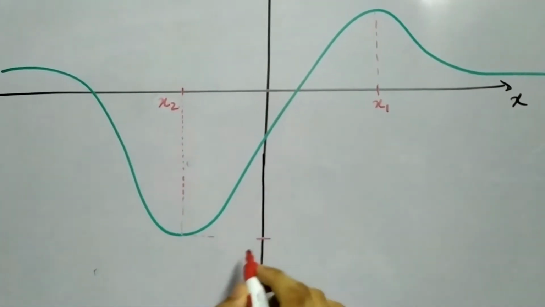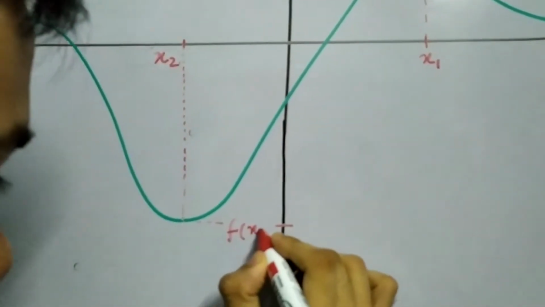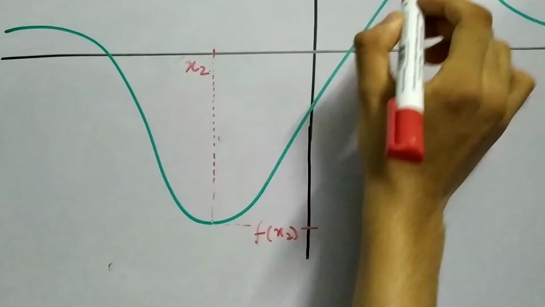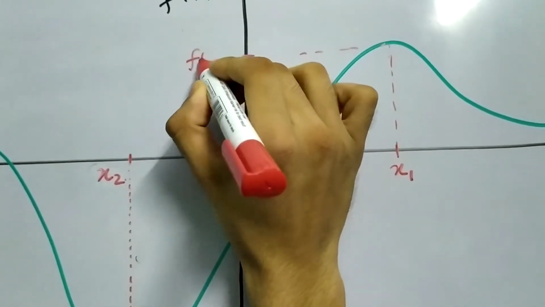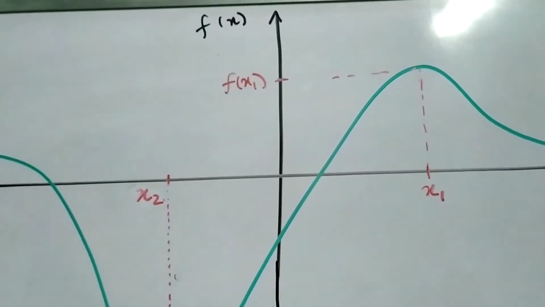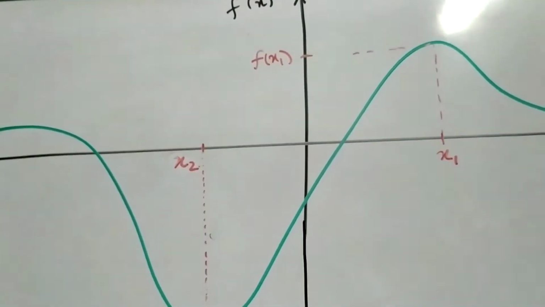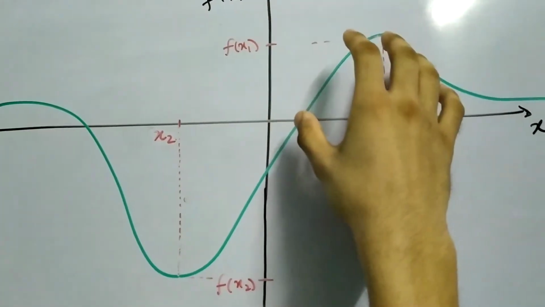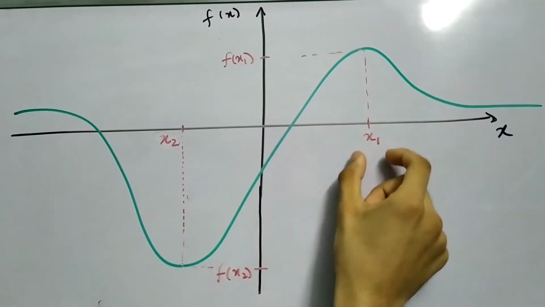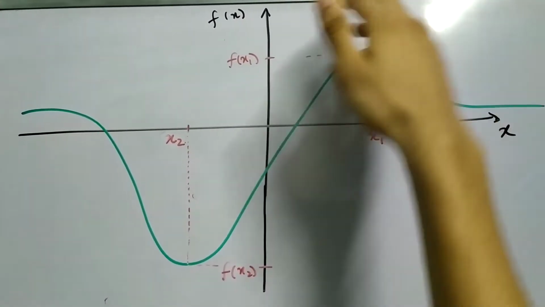This y value will be f of x2, and this point will be f of x1. And now let us inspect the function around x1 and x2, in the neighborhood of x1 and x2.